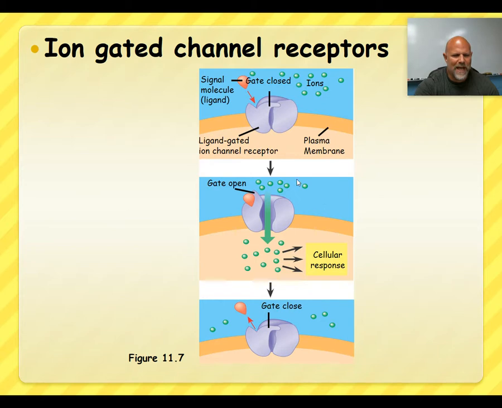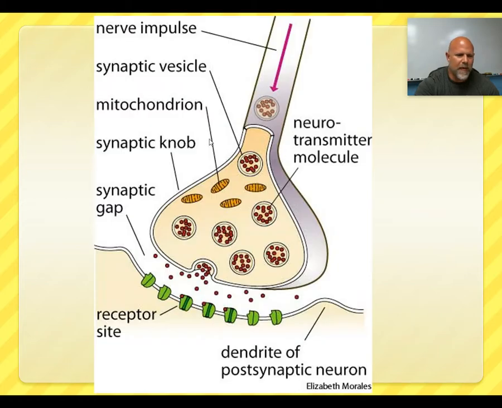So this is an ion channel, and it has a gate that's closed, and the neurotransmitter opens the gate. There's a higher level of the ion on the outside than the inside, so it's not active transport. It's just a gated channel. As soon as you open the gate, things will move from high concentration to low concentration, and you'll get a cellular response. This is what happens in neurotransmission.